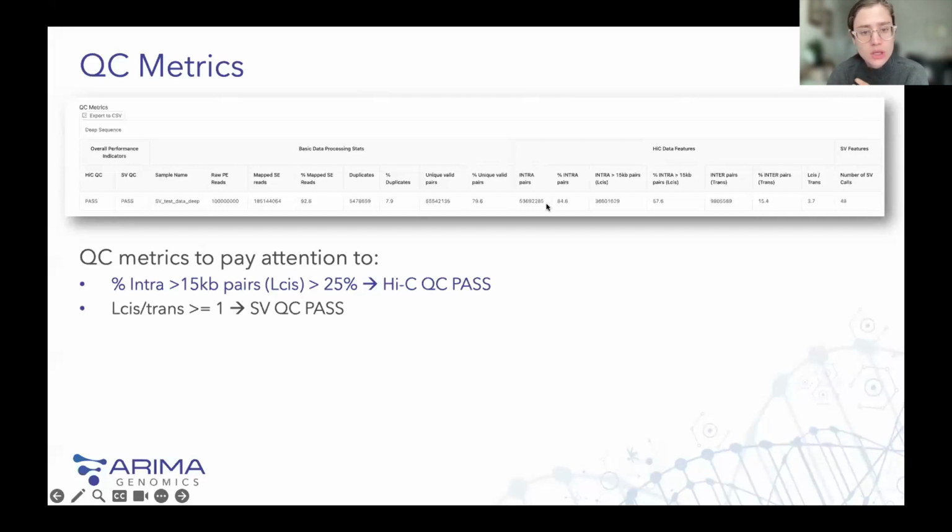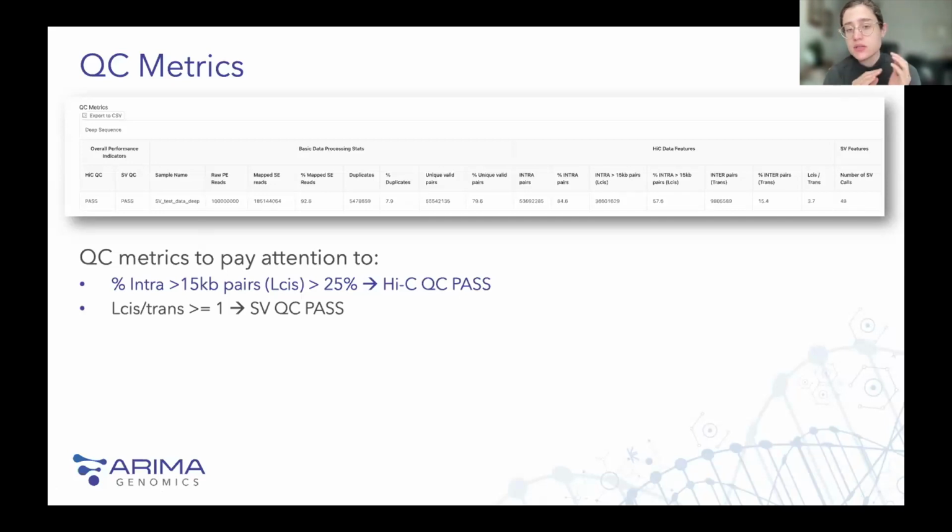So if you are working with shallow sequencing data, the metric that you would like to focus on is the percentage of intra-chromosomal reads that are at a distance larger than 15 kilobases. We call these the long cis reads. These are very important because we believe that these are the reads that are giving you the looping and folding information. So we want this percentage to be more than 25% for a pass on your High-C quality control report.